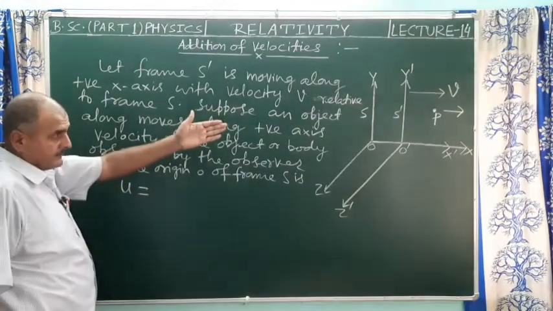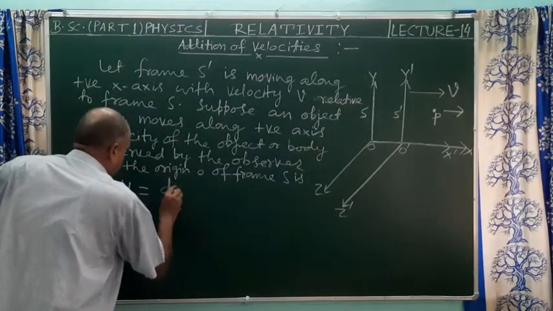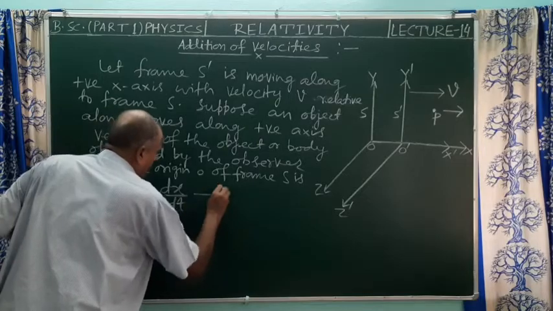The velocity of the object in frame S, as measured by the observer at O, the origin of the inertial frame of reference, is u equal to dx upon dt. This is equation number 1.